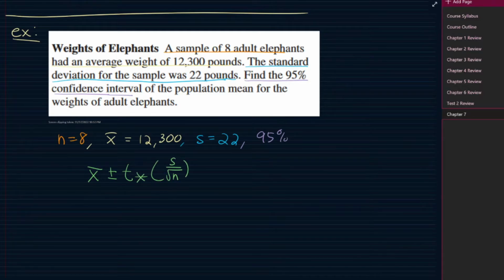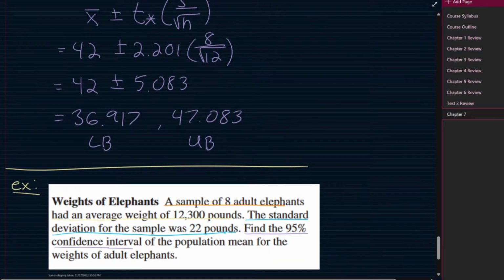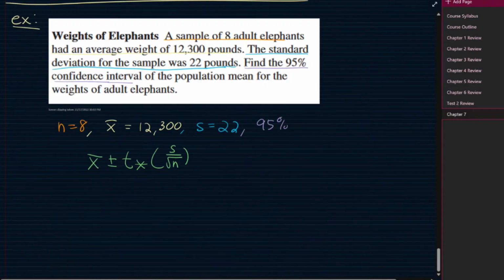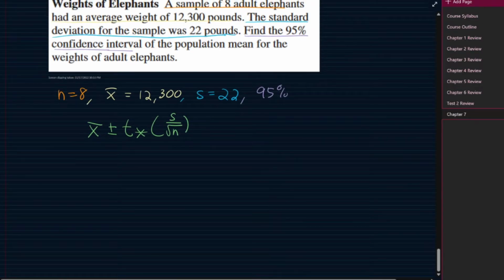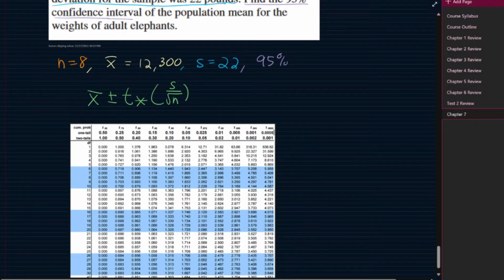Let me copy the t-table that we had here. So what t are we going to use for this problem? In this case, our degrees of freedom is going to be 8 minus 1, aka 7.